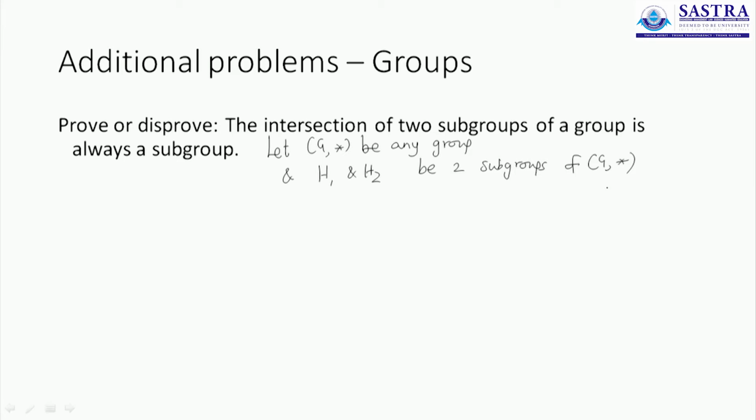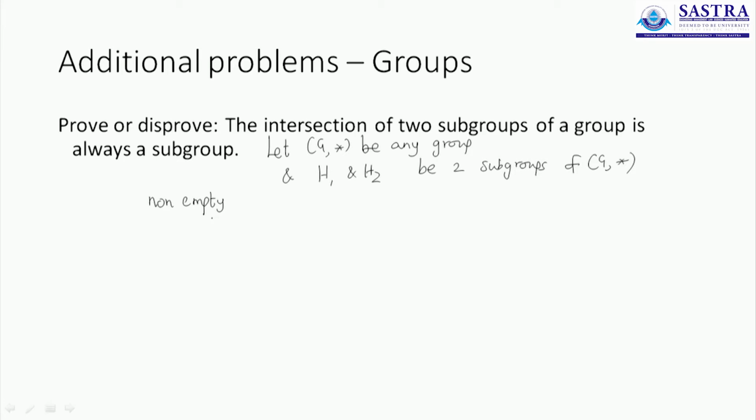Okay. Now what do we need for a subgroup? First of all, whenever we define the subgroup, we know that the subset should be non-empty. There is no use considering an empty set and showing that it is a subgroup or it is not a subgroup. That doesn't count. We'll have to start with a non-empty set.